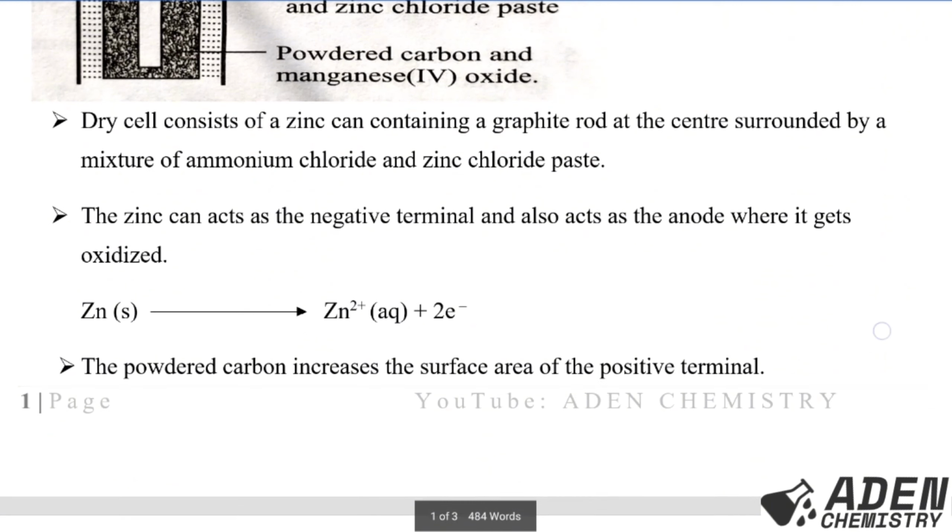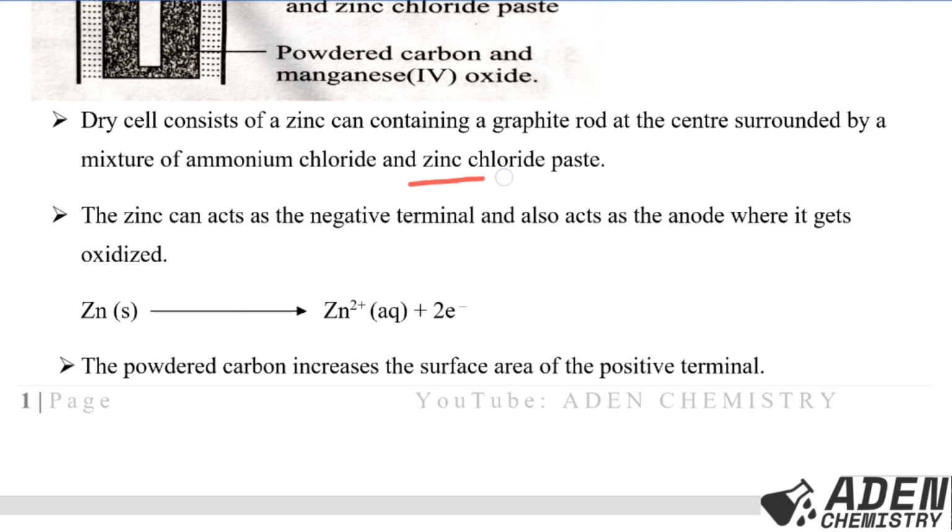Kindly note that. Dry cells consist of a zinc cane, that's the zinc casing we are talking about, containing a graphite rod at the center, which acts as the positive terminal, surrounded by a mixture of ammonium chloride and zinc chloride paste.